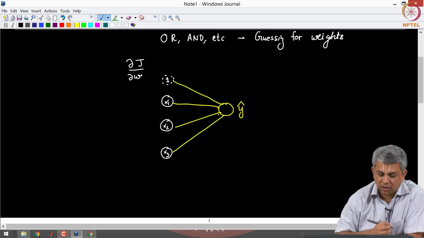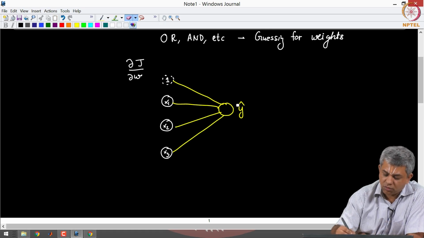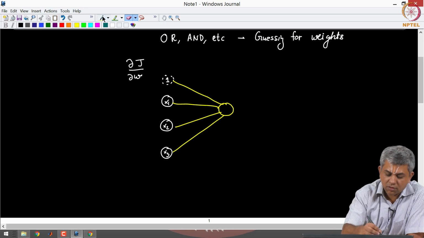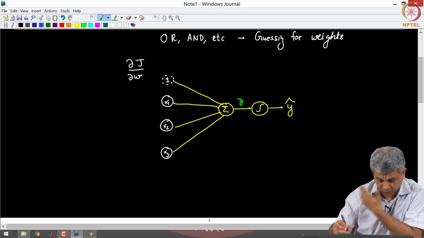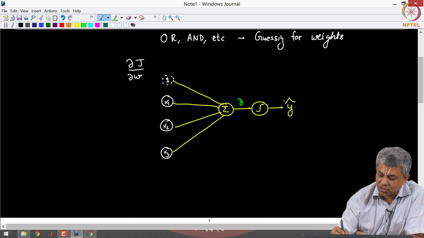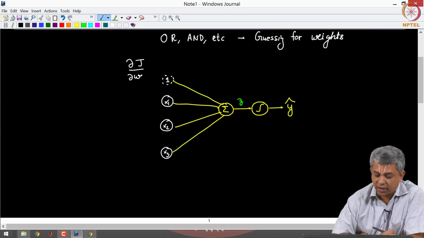All these put together, let us split it into 2. We have our summation and then we have our sigmoid. This gives us y hat. At the end of the summation, whatever we get is z, and at the end of the sigmoid whatever we get is y hat.